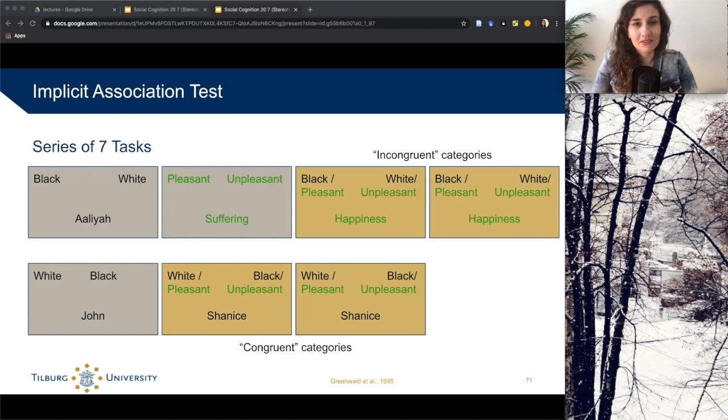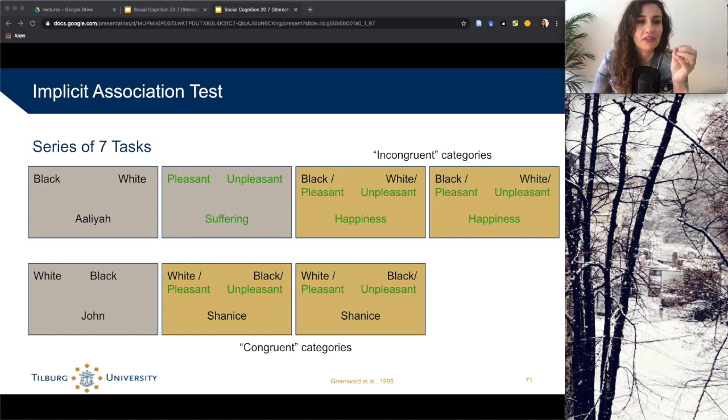This implicit association test is a bit more complicated a procedure compared to the simple idea of evaluative priming that we've seen before. Here the idea is that there are trials, or blocks basically, where incongruent categories and congruent categories are presented. So let me walk you through it. There are 7 blocks or 7 tasks.